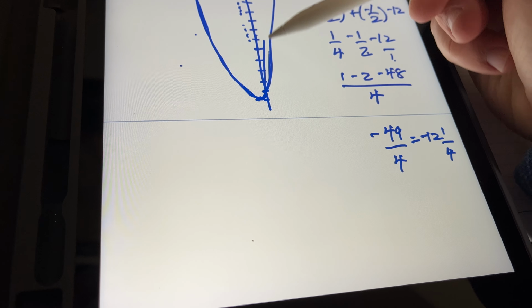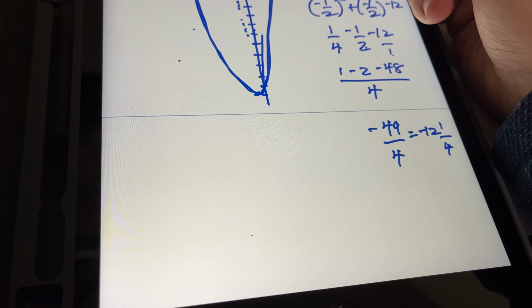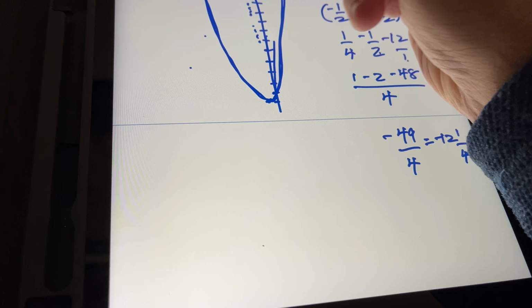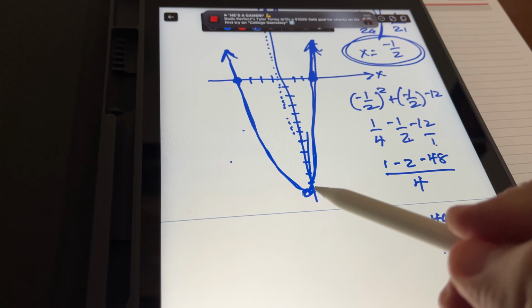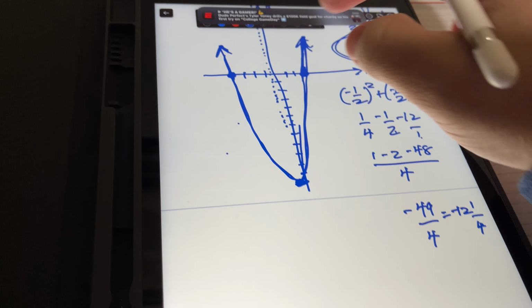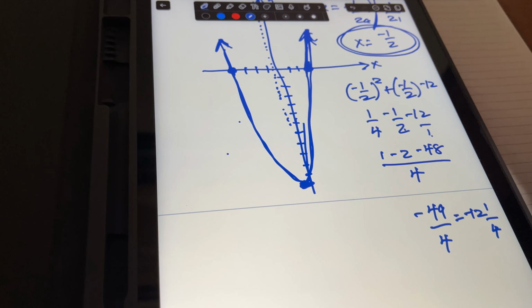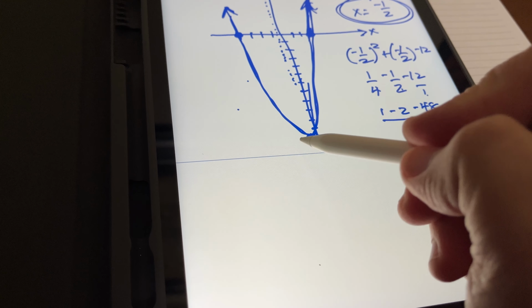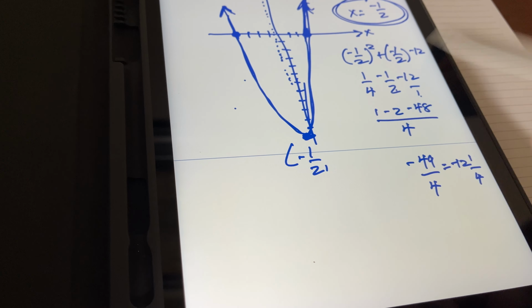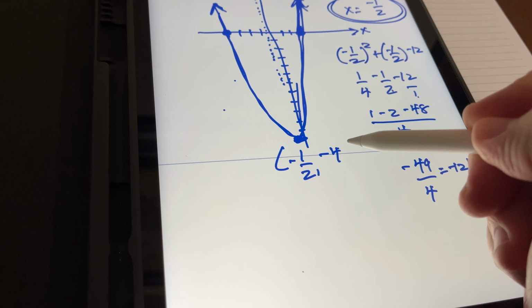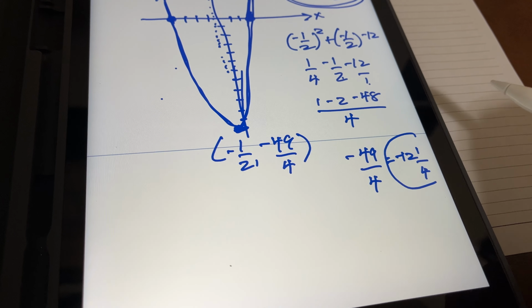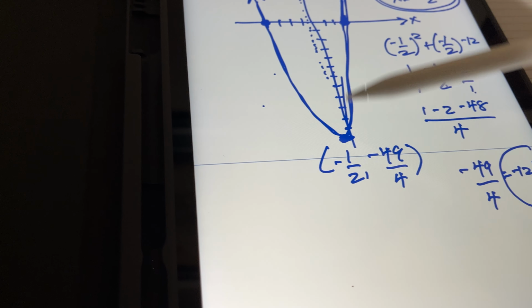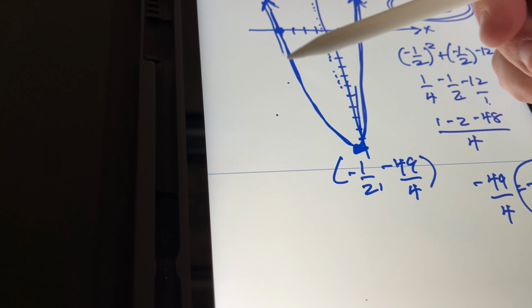This is a pretty ugly drawing, but hopefully you get the idea that the vertex is down here. The vertex is at negative 1/2 and negative 49 over 4, which is about negative 12 and 1/4. So the vertex is down here, and this looks like this.